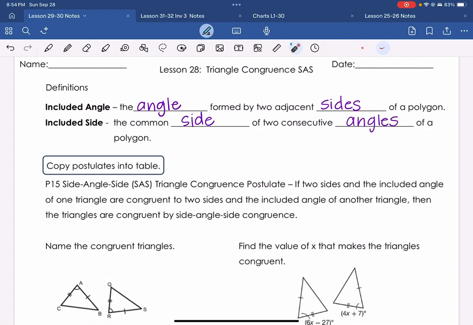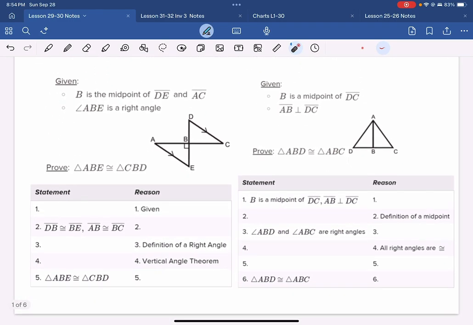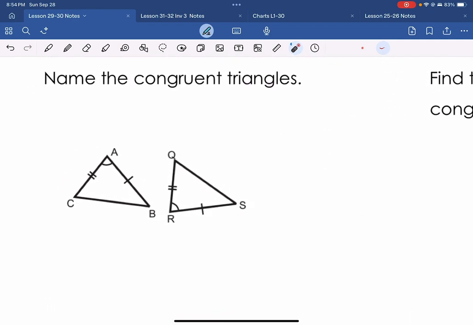So you'll notice included angle is an angle in between two sides. An included side is a side in between two angles. So let me show you what that looks like. If you look over here, you'll see that this is the included angle.